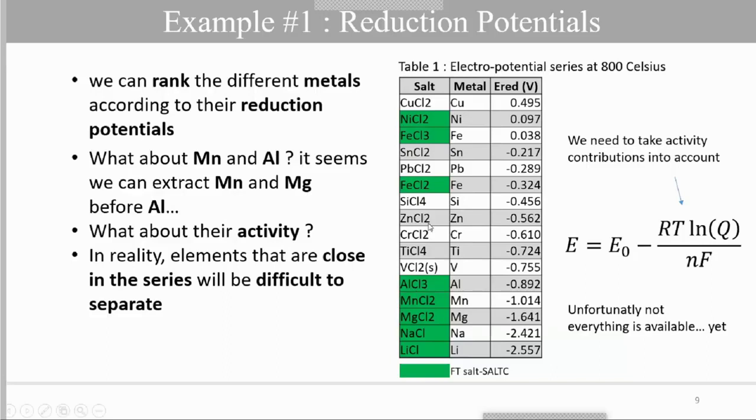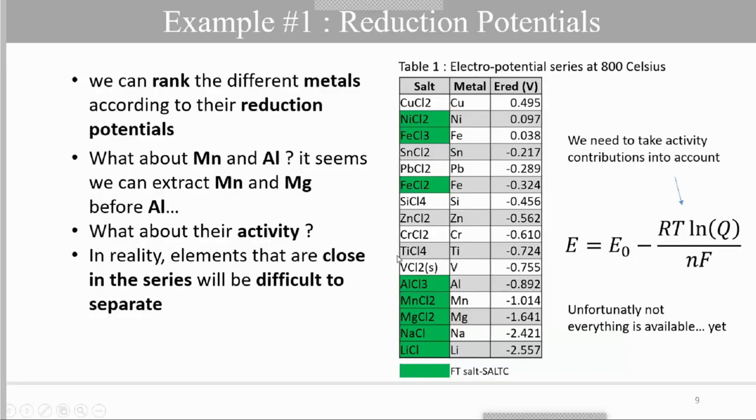So if we know that we have, let's say, a lot of copper, but the copper is not represented in our salt, we know that most likely, as long as we have a good amount of aluminum, the copper will probably not go into the solution because the difference is too major.